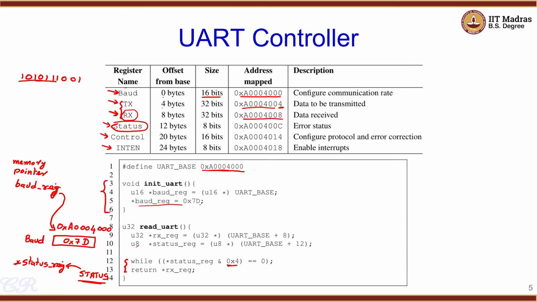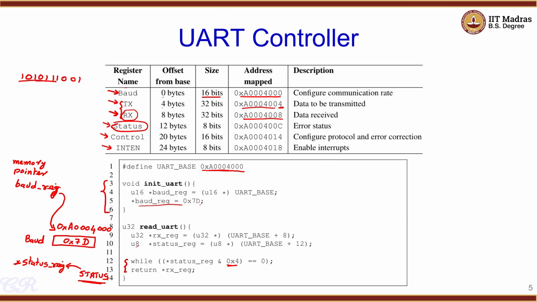The status register is present in the UART controller. So every time we do *status_reg, it results in a load operation from the status register present in the UART controller into some register or into the CPU, right?